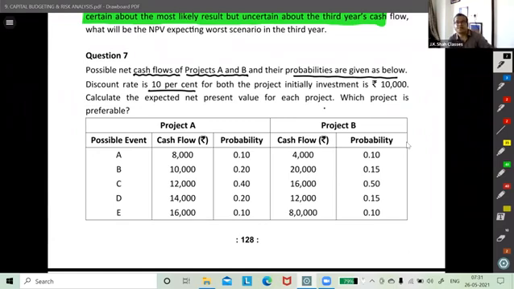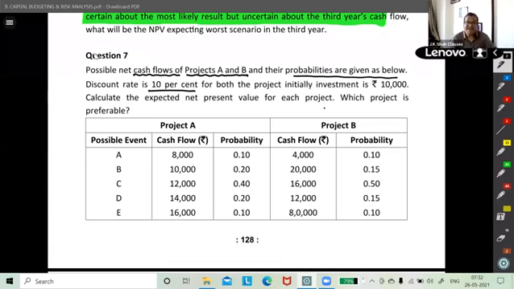What heading? Statistical techniques. Someshwar, what to write? Statistical techniques, and below that you write probability. Written. Now, see what is told.